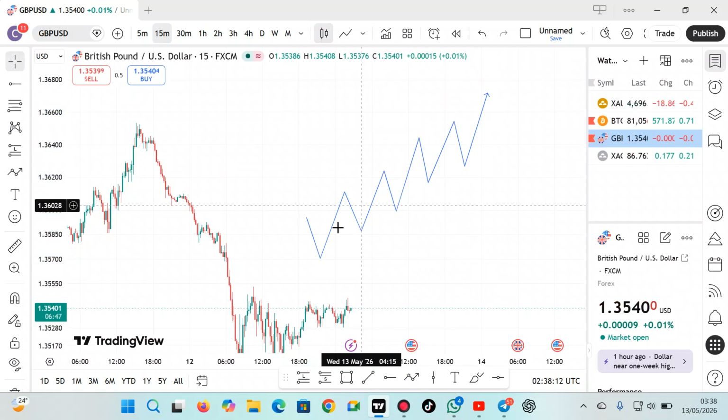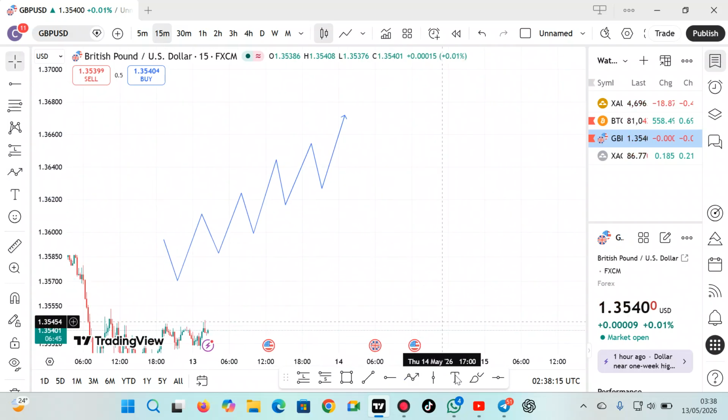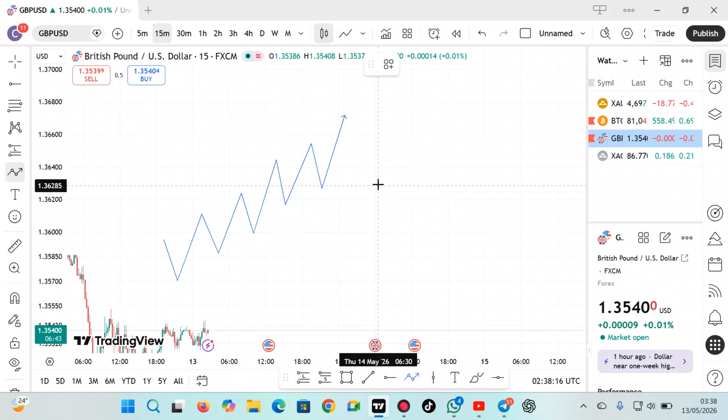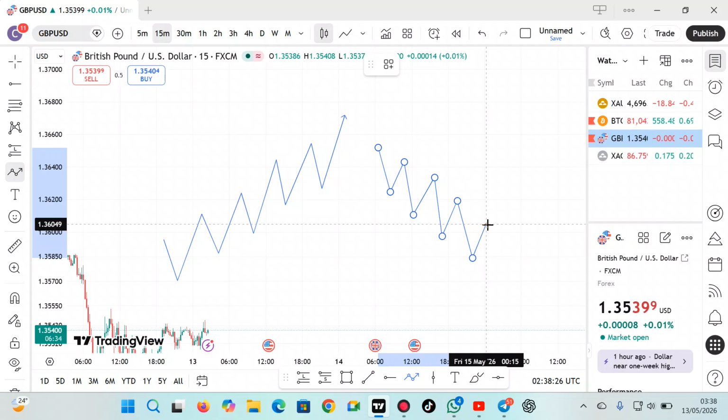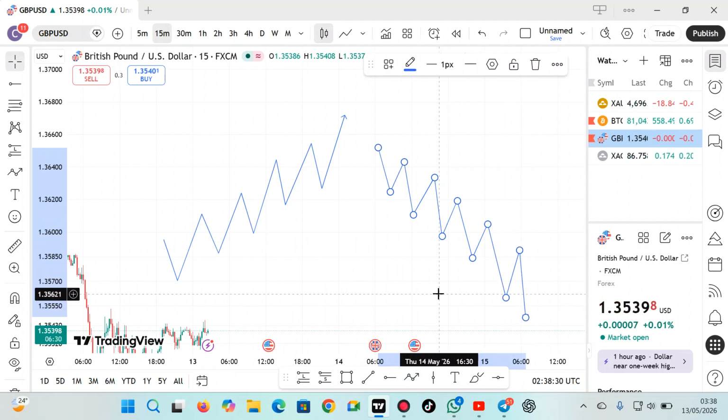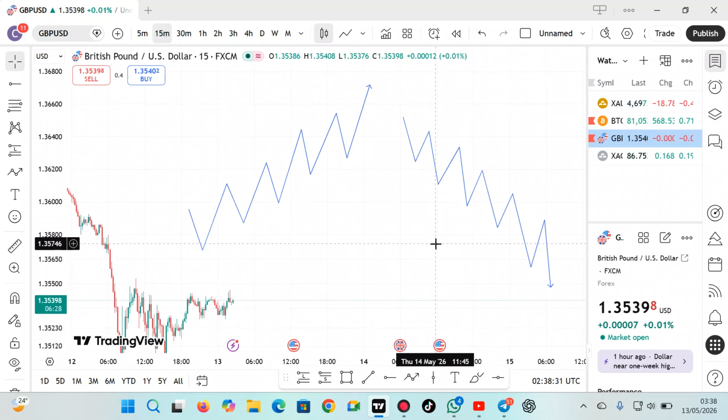This is an uptrend. When the market is in a downtrend, it's going to be creating a lower high and lower low.